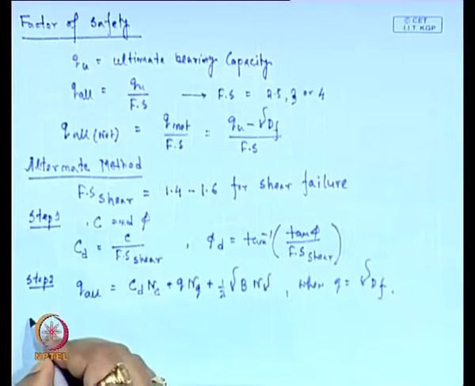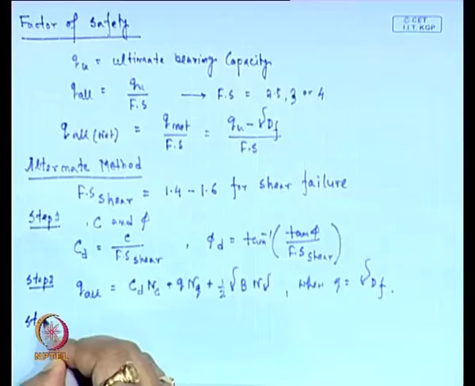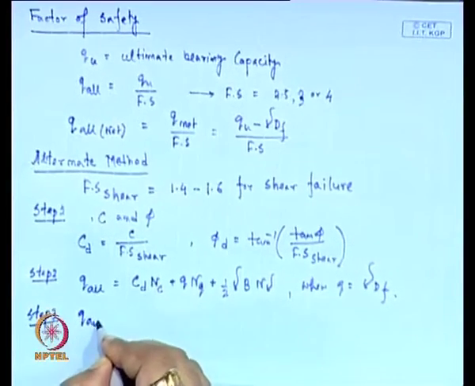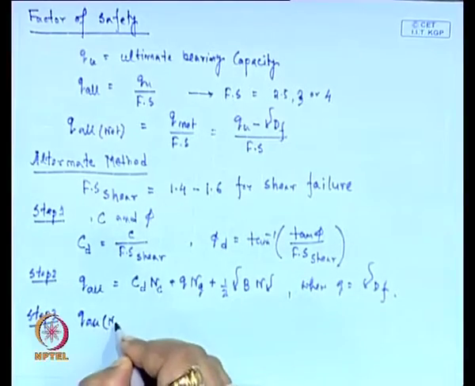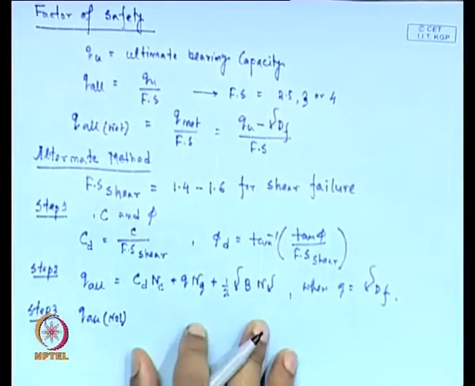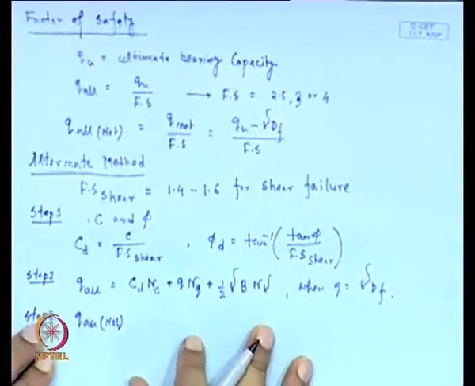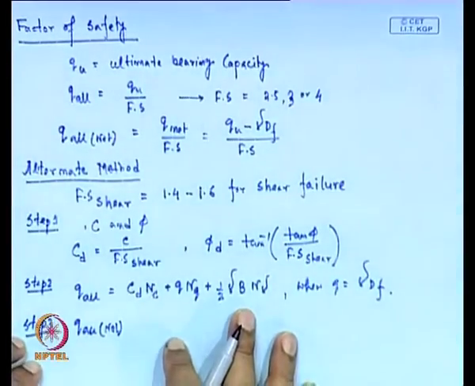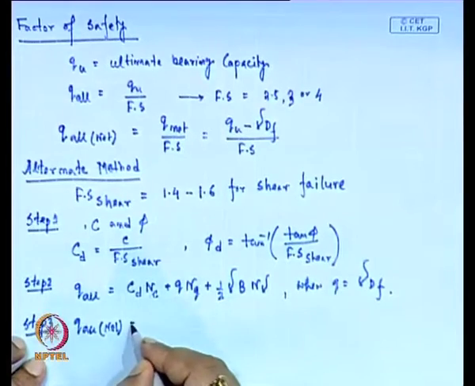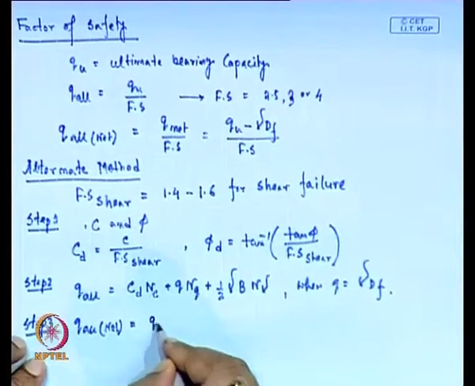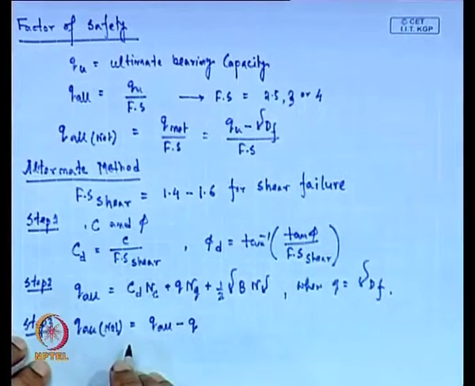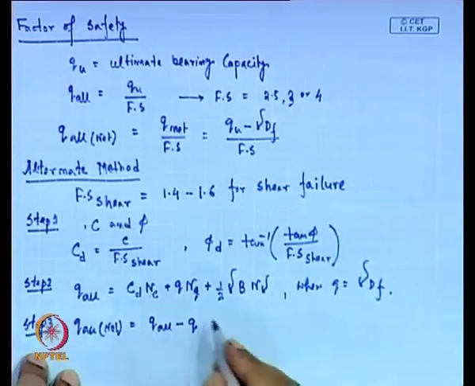Now, in step 3, if we want to find that Q allowable net, just Q allowable minus Q will give us the Q allowable net.